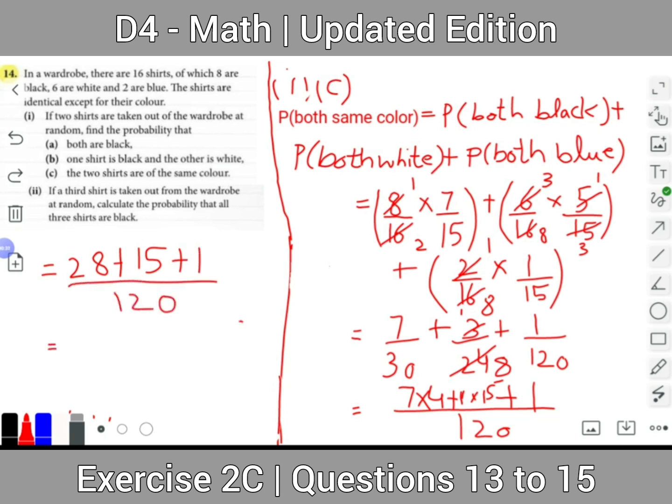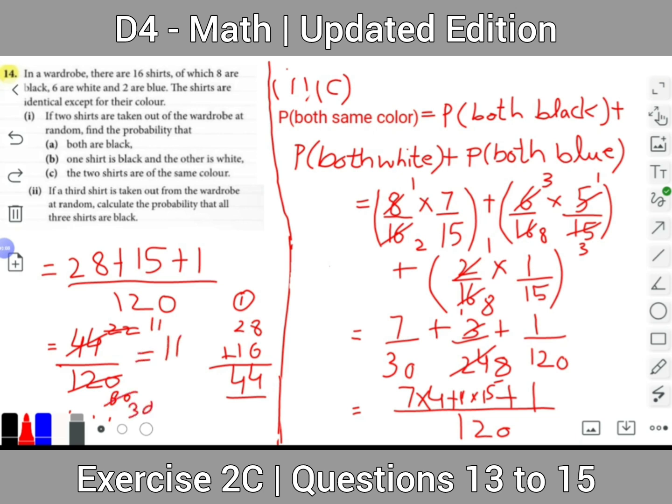When we add 28 and 15, so here we have 8, 14 and 1, 44. So here we have 44 over 120. Now further simplification gives us 22 over 60, and more simplification will give us 11 over 30. So the probability that both are the same color is equal to 11 over 30.